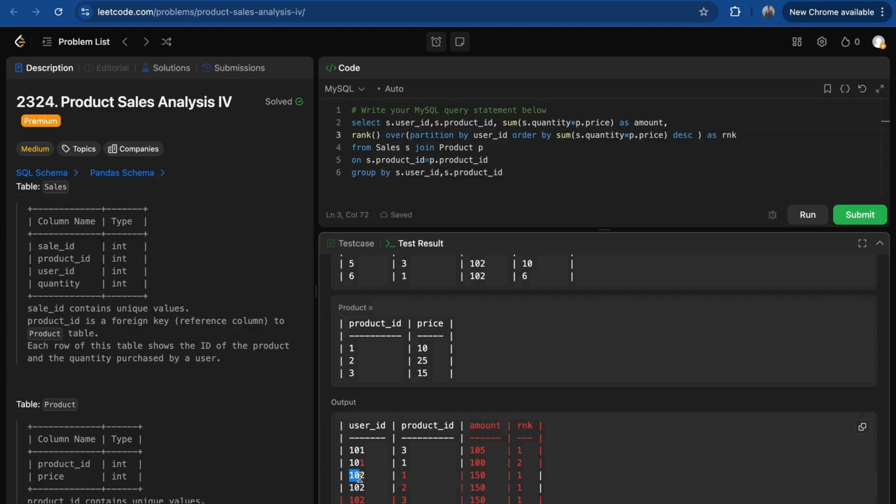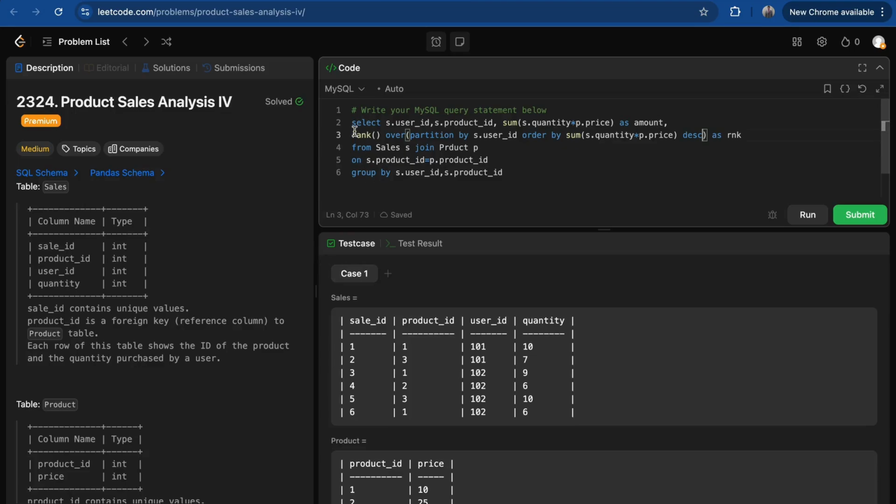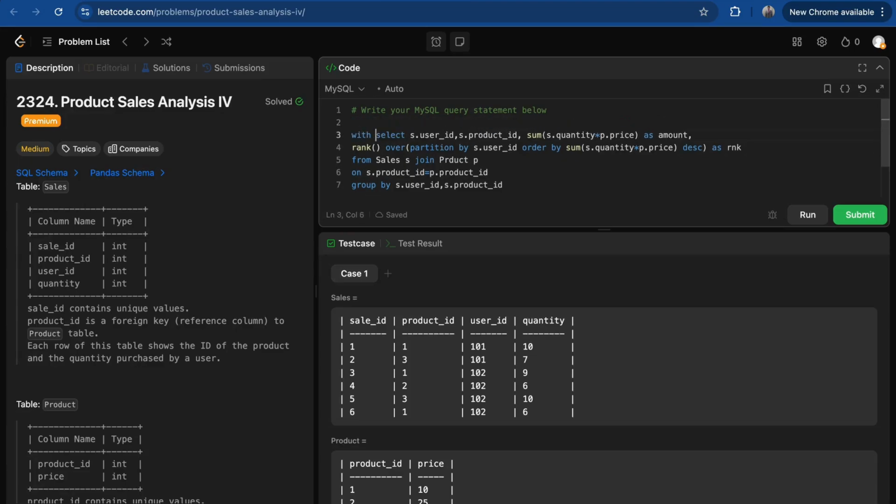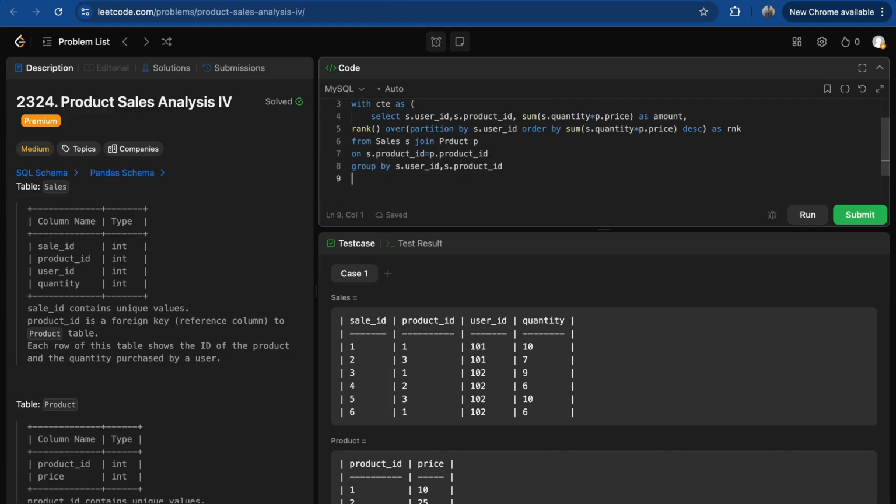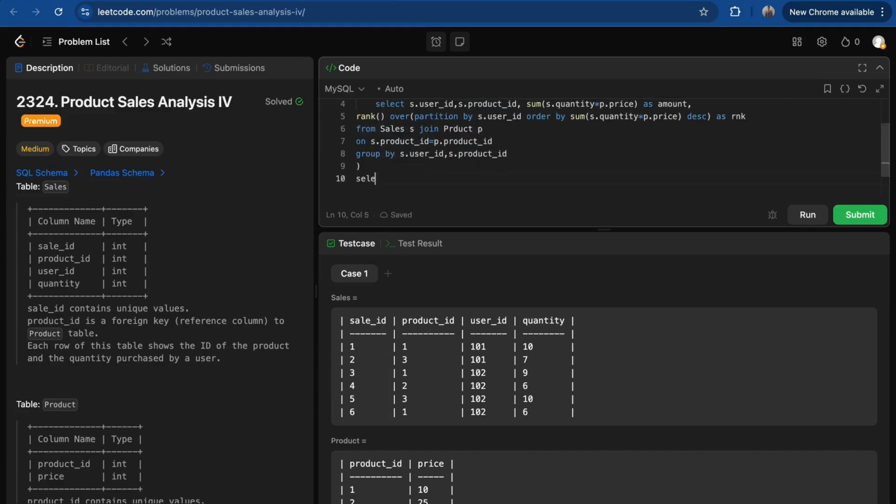For user ID 102, all of these get rank 1 because the user has spent the same amount of money on all of them. Now we just have to use this in a subquery or a CTE, and we can get the final result.